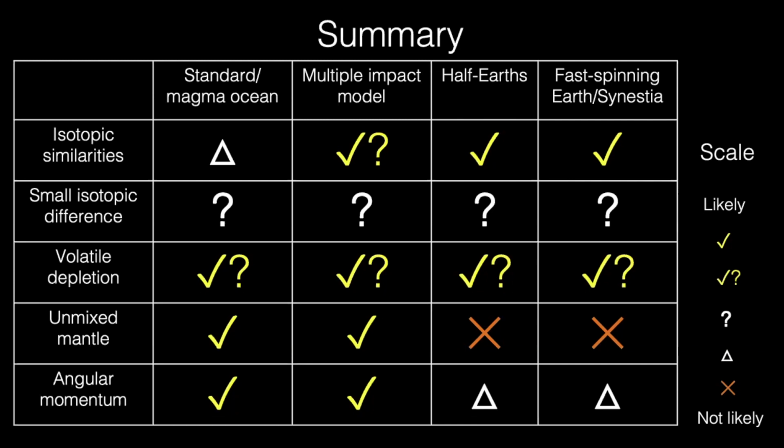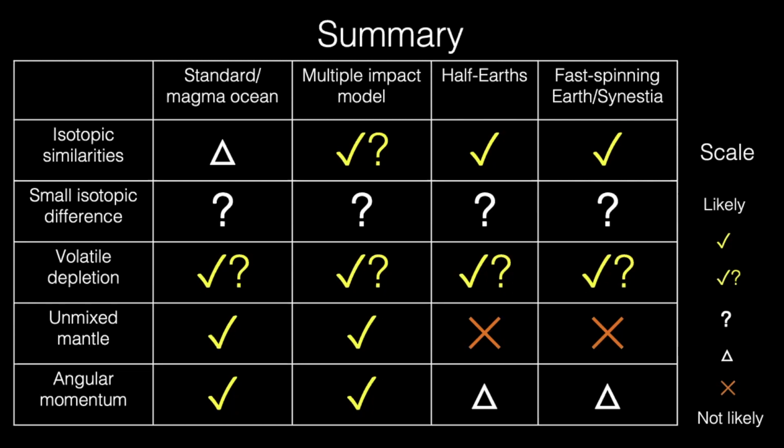For the standard model, the isotopic similarities may be difficult to explain, but if the impactor had the same isotopic ratios, that could be a solution. For the standard model, the mantle doesn't get mixed by the impact because even though this impact is very energetic, it's less energetic than the other models.